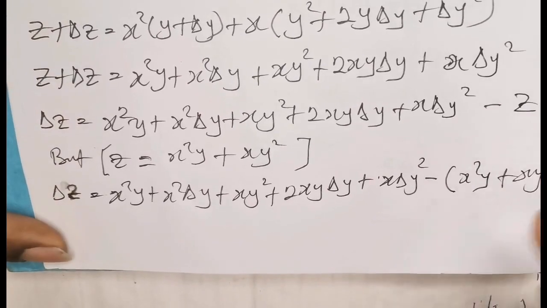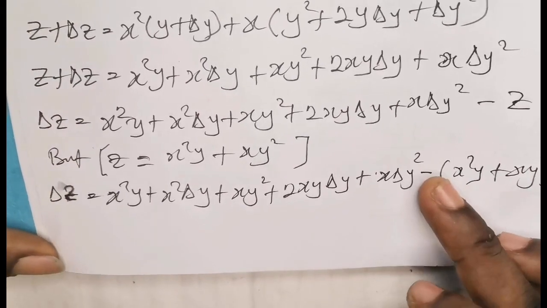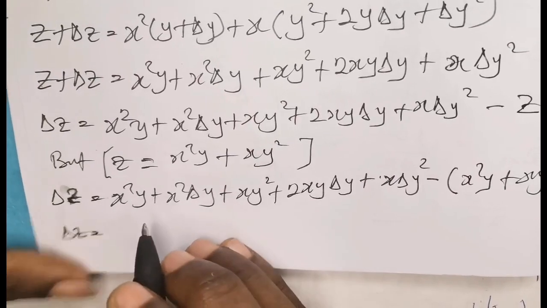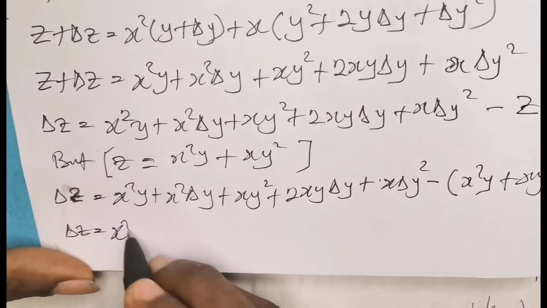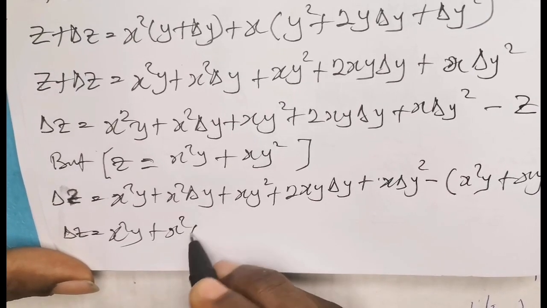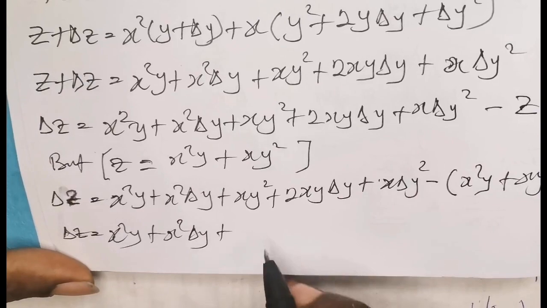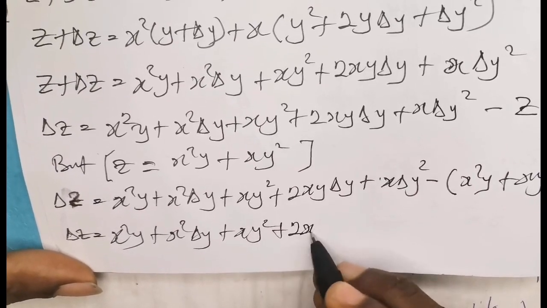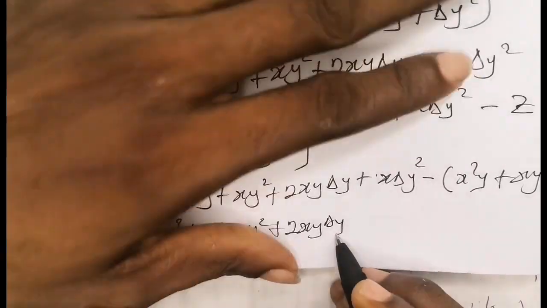Okay, so next thing now, we expand this bracket using negative sign. We are going to have change in z to be equal to, this gives us x squared y plus x squared change in y plus I have xy squared plus 2xy change in y.